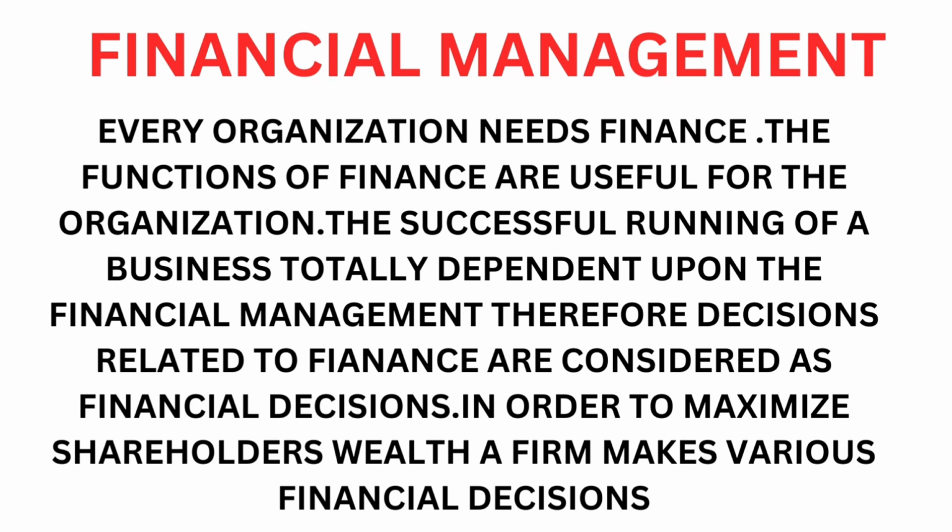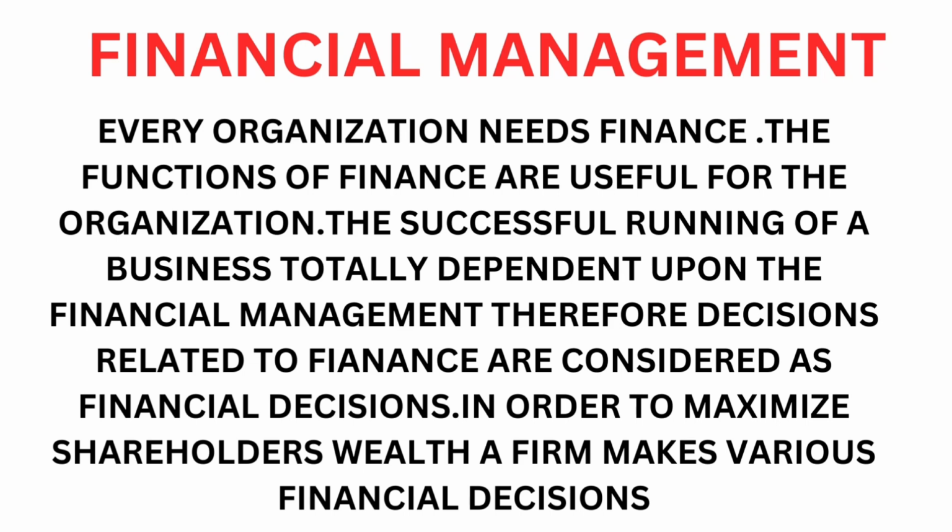So students, these are also known as financial decisions, taken in order to maximize shareholders' wealth. A firm makes various financial decisions. See students, the ultimate objective of the business enterprise is to maximize the shareholders' wealth.